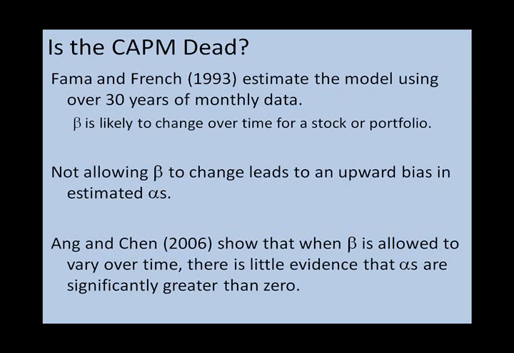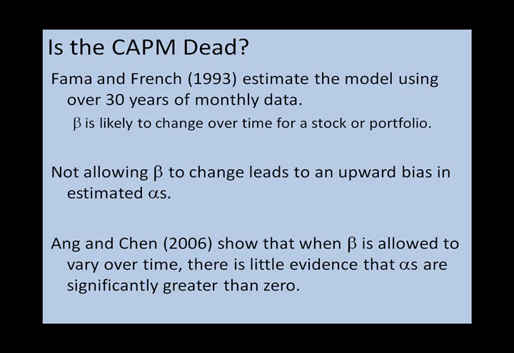But once again, there are statistical concerns with this approach. Fama and French estimated the model using over 30 years of monthly data. But the beta for a portfolio is likely to change over time. And if you don't allow the beta to change over time, then it leads to an upward bias in the estimated alphas.